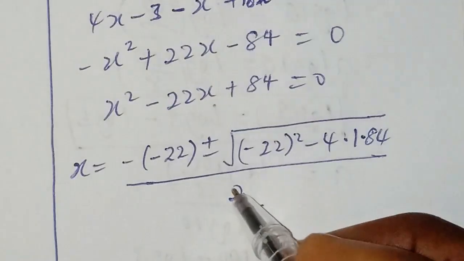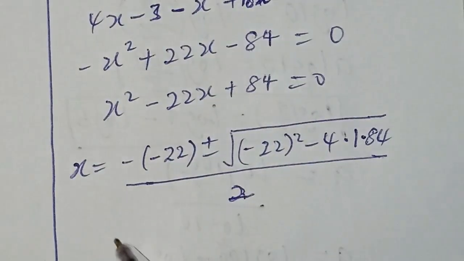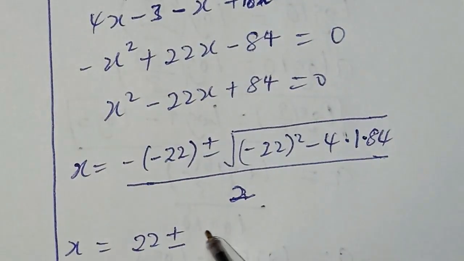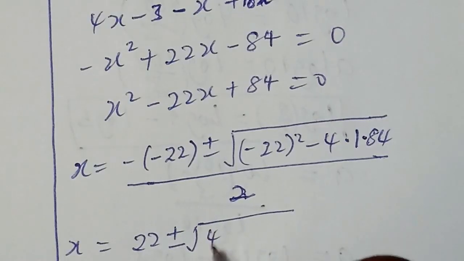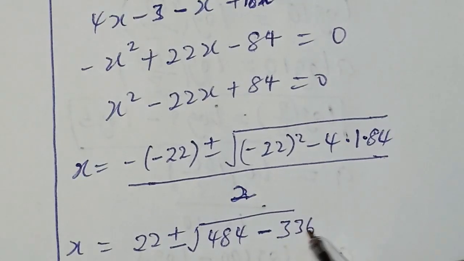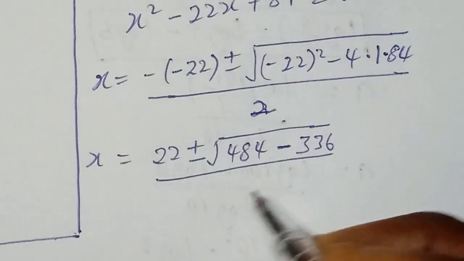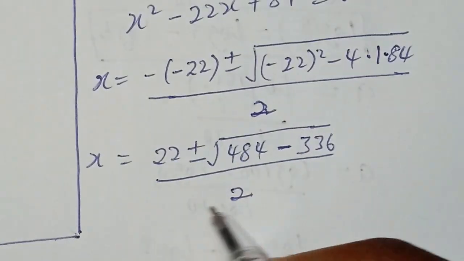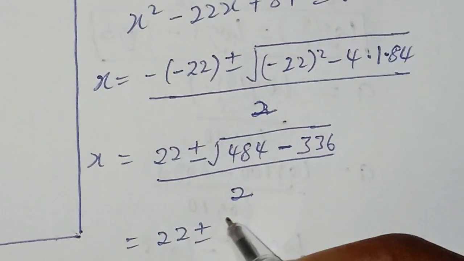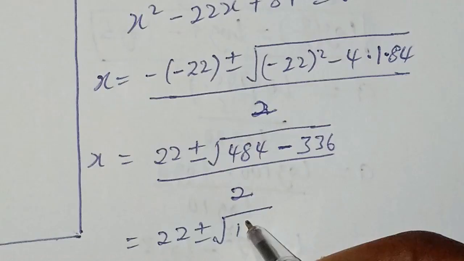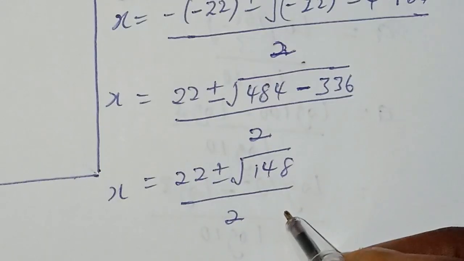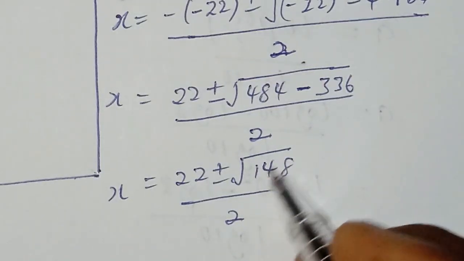Everything all over 2. And this, we simplify this, we have x will be equal to 22 plus or minus square root of 484 minus 336 over 2. 484 minus 336 will give us 22 plus or minus square root of 148 over 2 equal to x. Then we can simplify this radical.